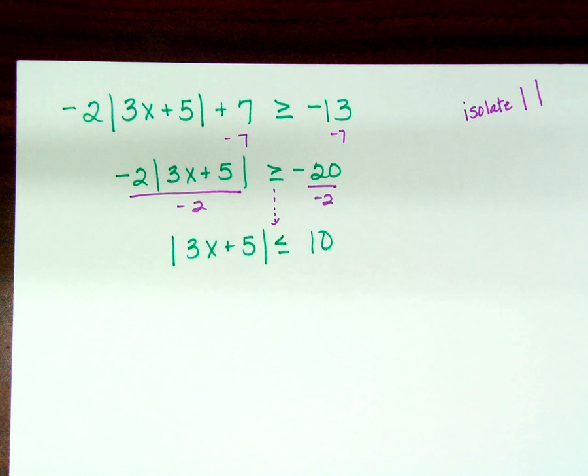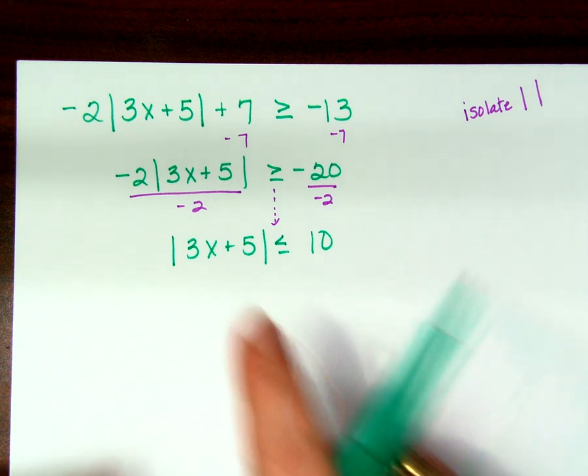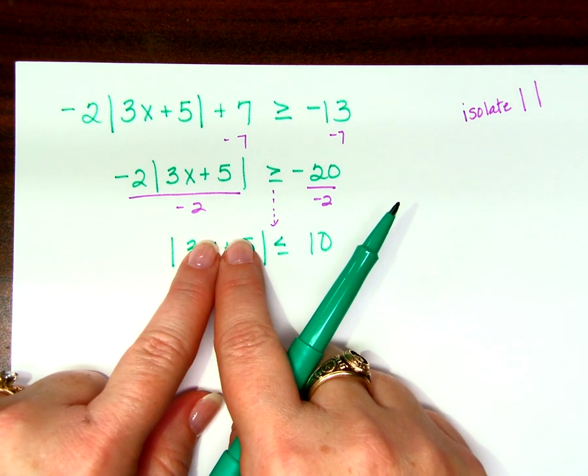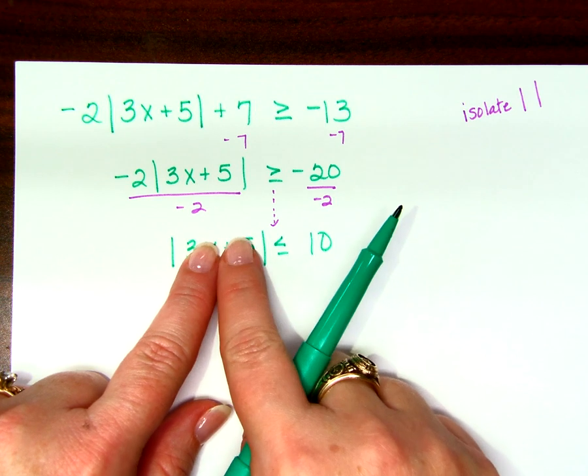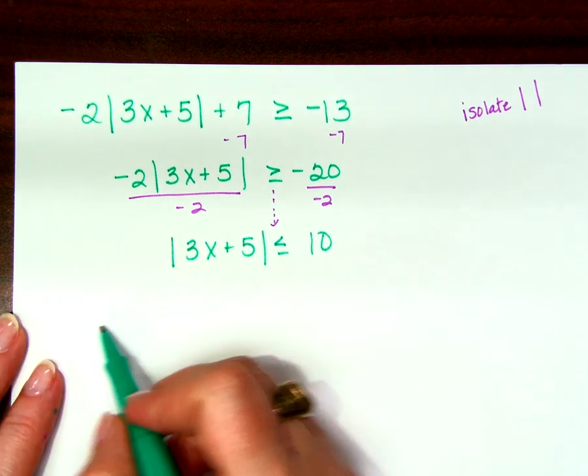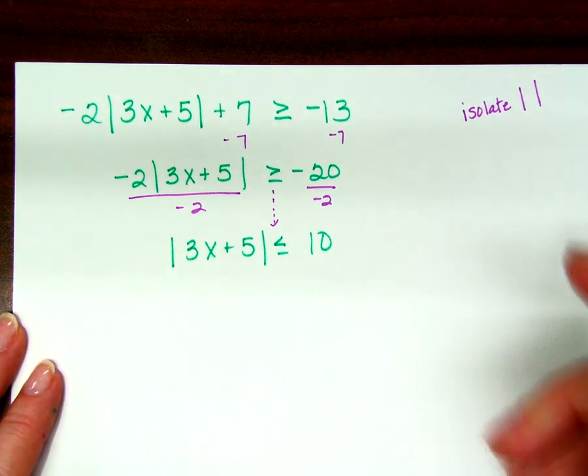So yesterday it was fine for us to say what's inside equals 10 and what's inside equals negative 10, right? But today is where it really makes a difference. Today it's the thing that's inside that could be either positive or negative, and that really makes a difference when you have an inequality sign. So we want to break this into 2 parts just like we did before.